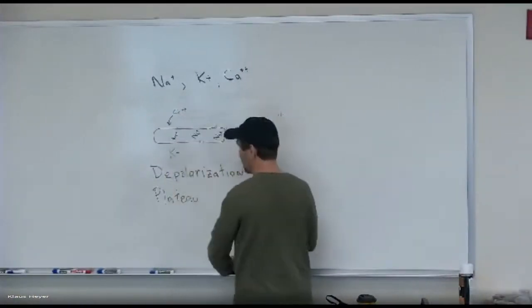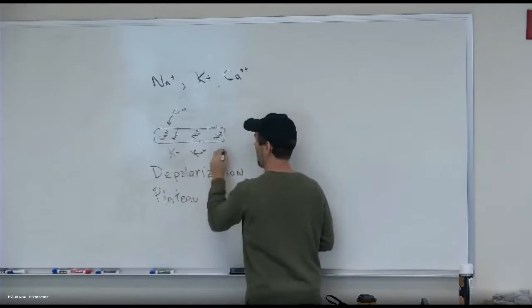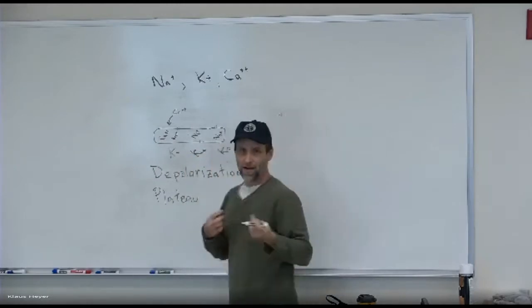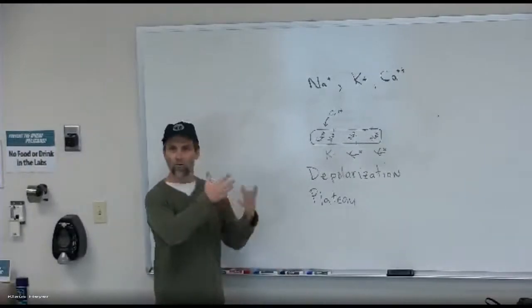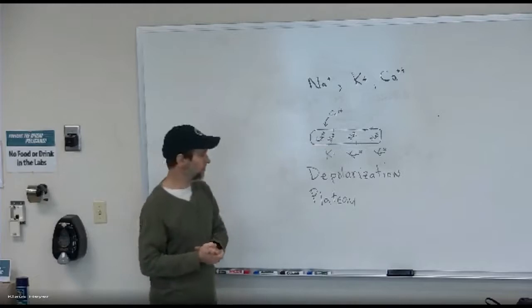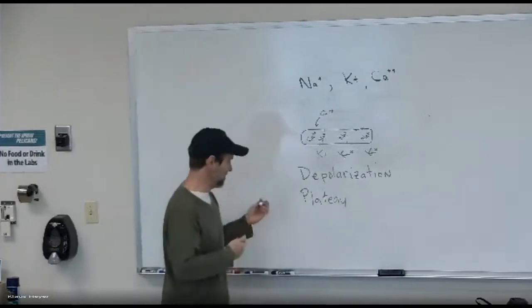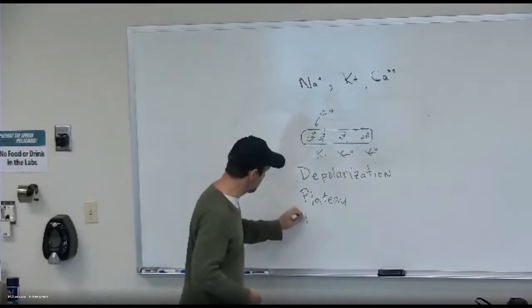Even though we have a little bit of calcium trickling in, it doesn't matter because the potassiums are going to rush out, and then this whole muscle starts to relax again. So we call this repolarization. It's going to repolarize again.